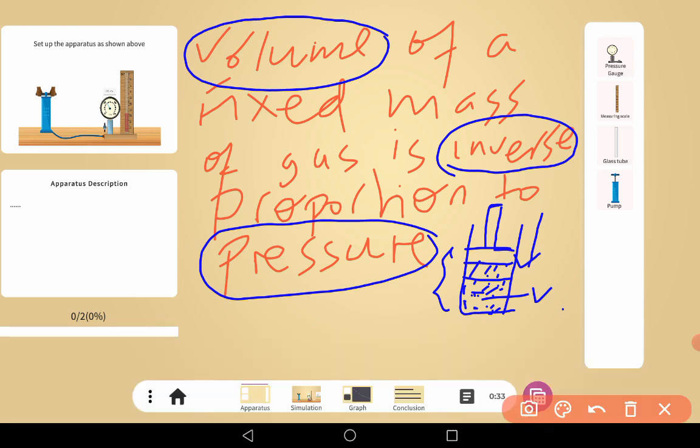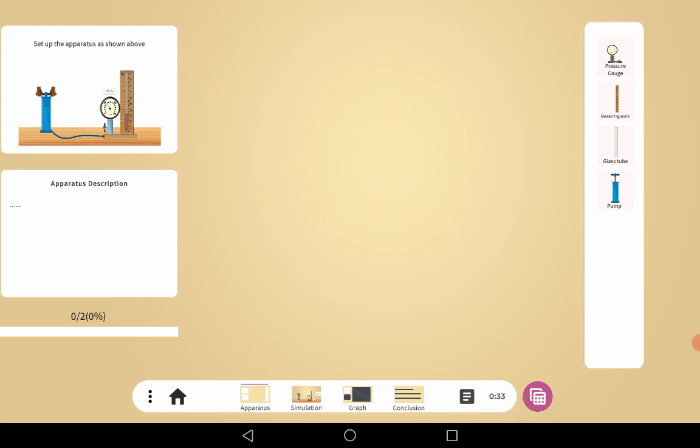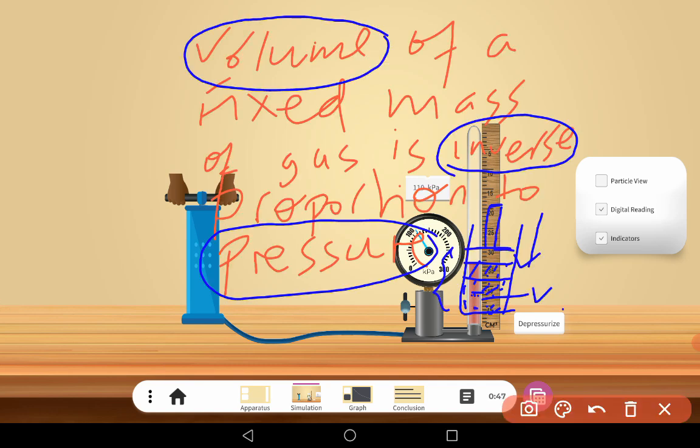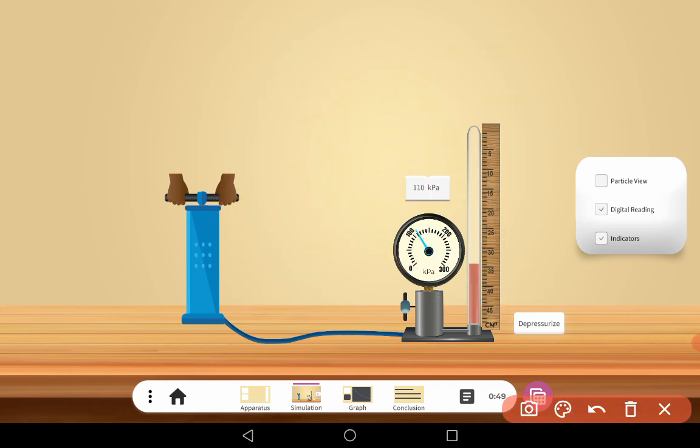You can model this experiment using this application. We have something like a pump here, and then you have this cylinder here.